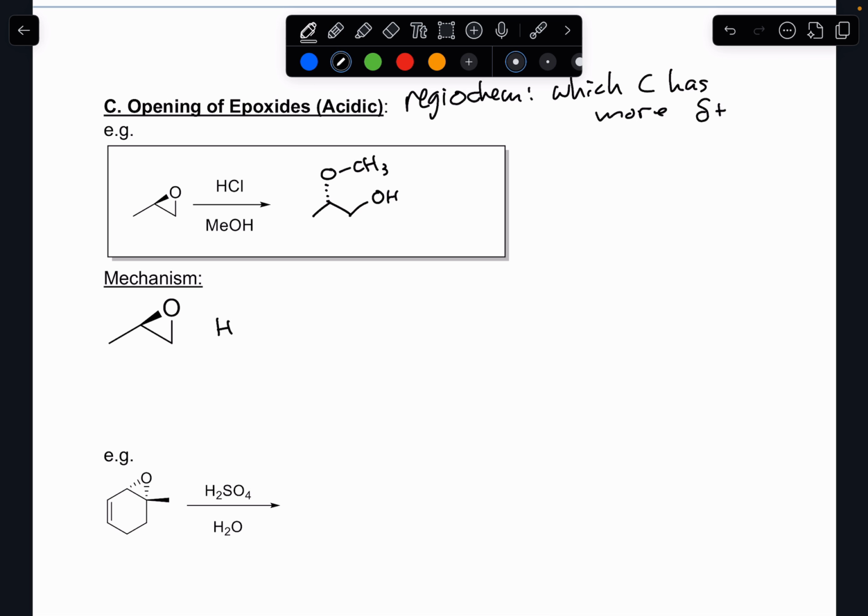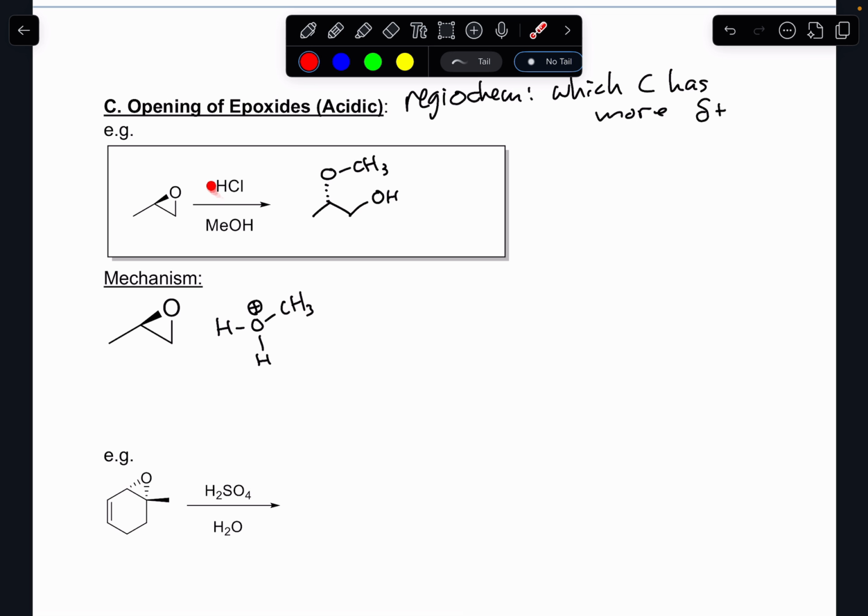So if you put in HCl, technically I should say that would protonate the solvent first, so that's likely the acid that encounters.